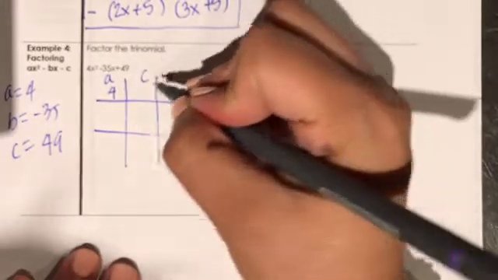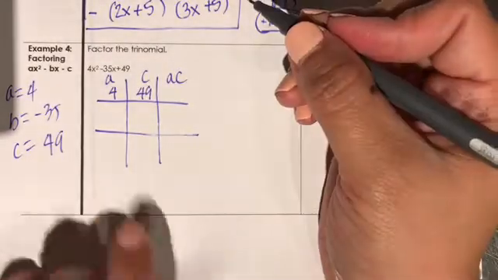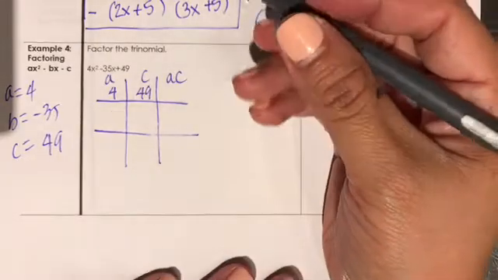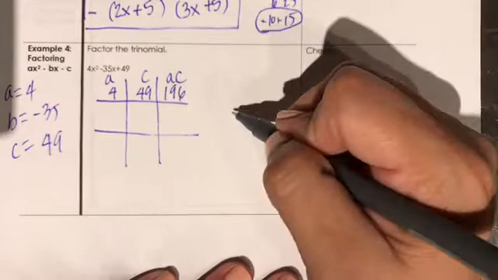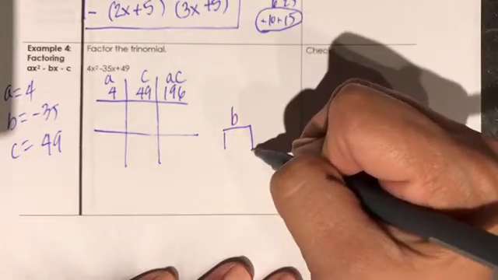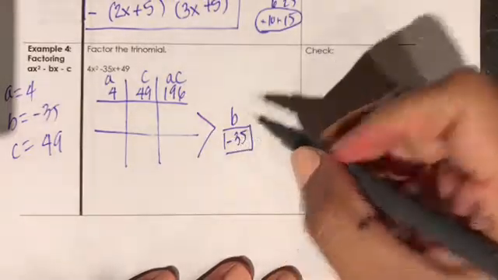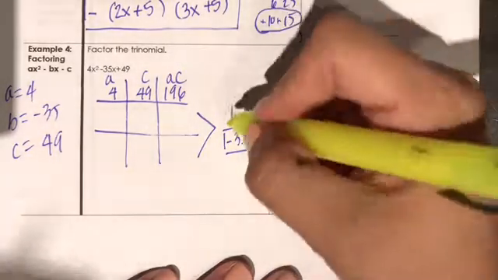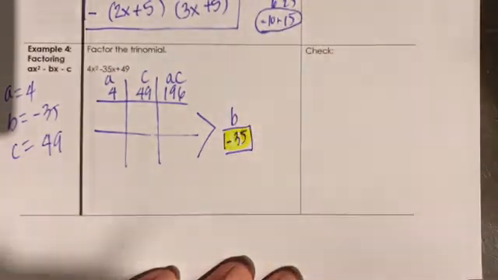AC, the product of AC, 4 and 49. 4 times 49 is 196. And B is a negative 35. I put it in this box because I want you to realize that it is a negative 35.